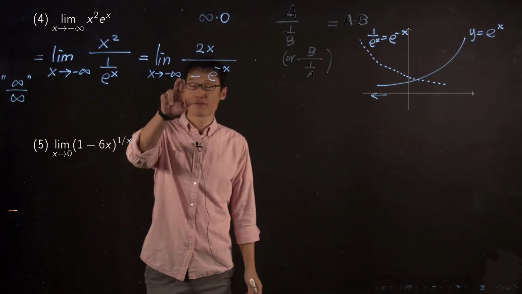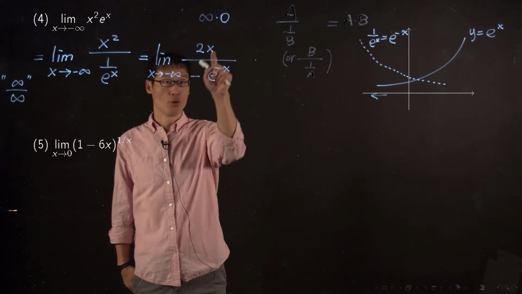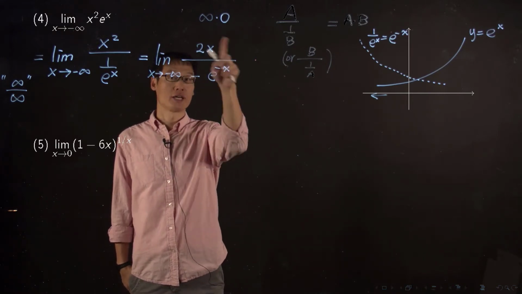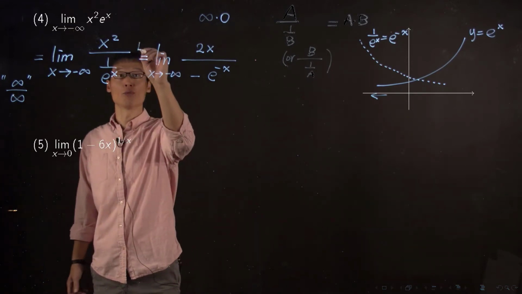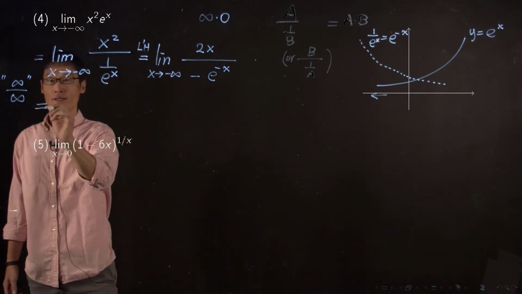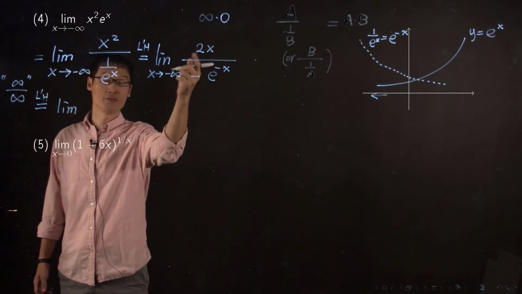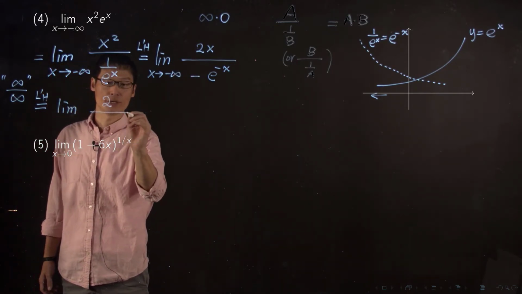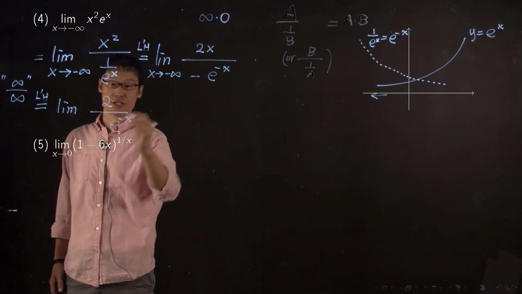So this negative symbol will give you, again, negative infinity over negative infinity. Again, this is an indeterminate form, so you apply L'Hopital's rule again. The derivative of this is 2, and the derivative of this is again e to the negative x, but the sign is plus.